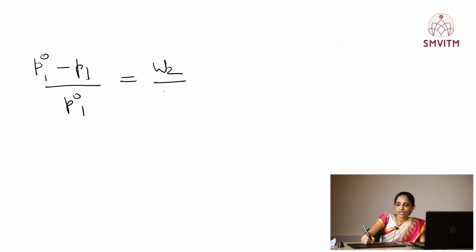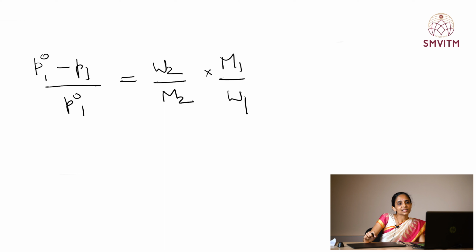So, let us list the formulae which are used for the problem. Formula number 1 is P01 minus P1 divided by P01 is equal to W2 by M2 into M1 by W1.